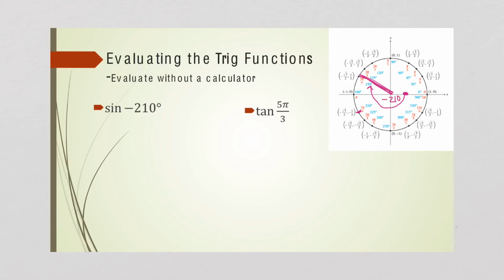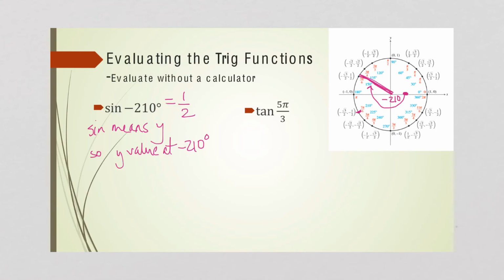I'm looking for the sine at negative 210 degrees. Sine, remember, is y. So the y value at negative 210 degrees equals 1/2. So the sine of negative 210 is 1/2.